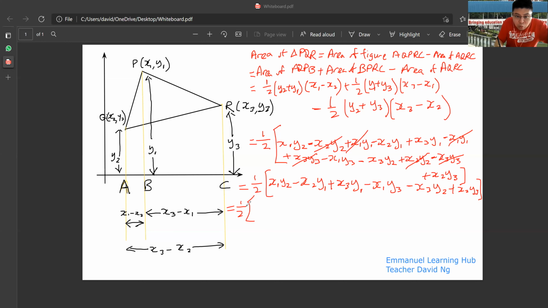x1, y2 plus x2, y3 plus x3, y1. Because there are three negative terms and three positive terms. Can you see?